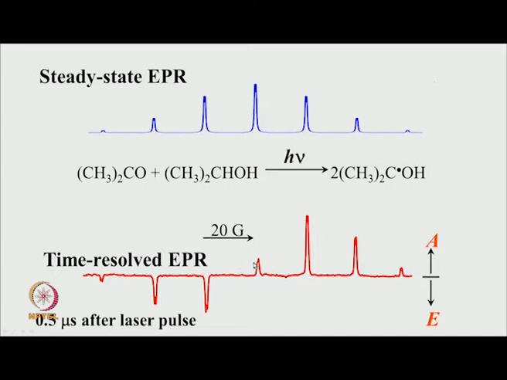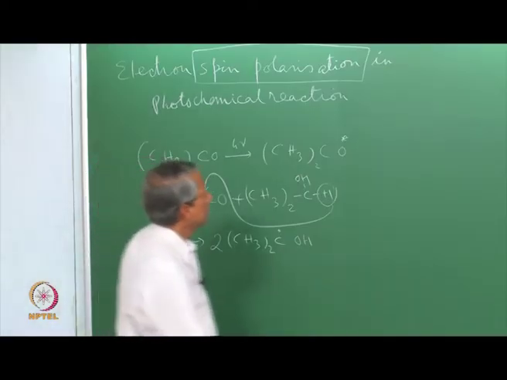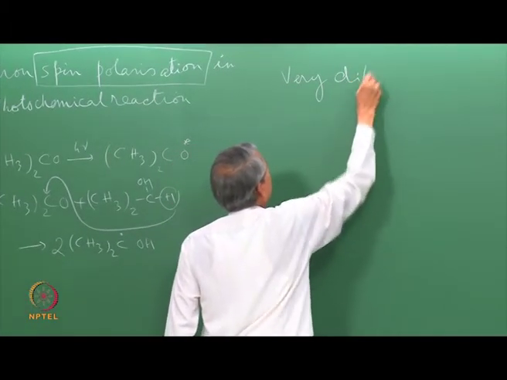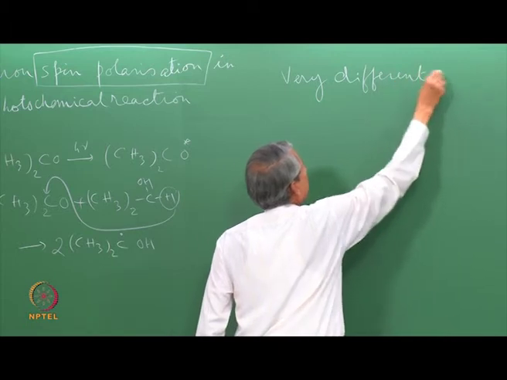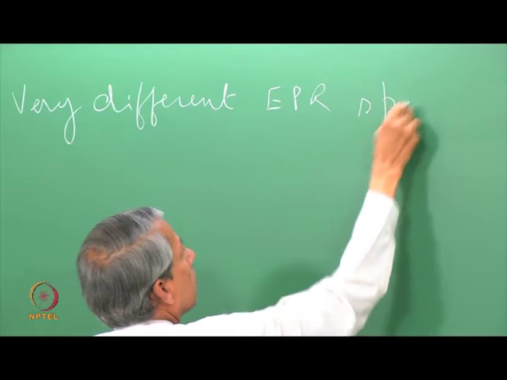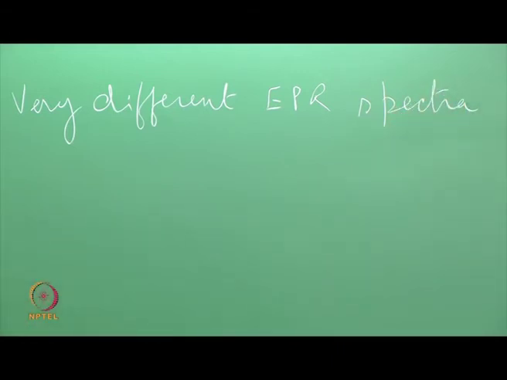That is, we are getting the same radical here, and nothing new is happening so far as the chemistry is concerned. Photochemistry is the same, but the EPR spectra are quite different when we do the experiment in the time resolved fashion.